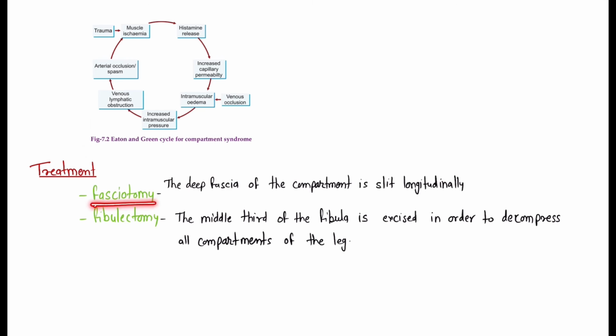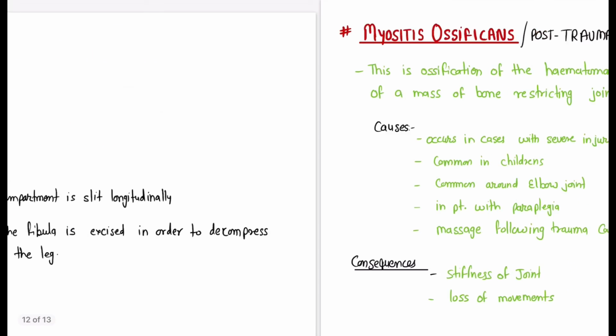That is fasciotomy or fibulectomy. In fasciotomy, the deep fascia of the compartment is slit longitudinally, and in fibulectomy, the middle third of the fibula is excised in order to decompress all compartments of the leg. That is for compartment syndrome treatment in the leg.